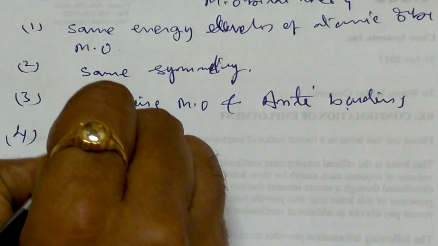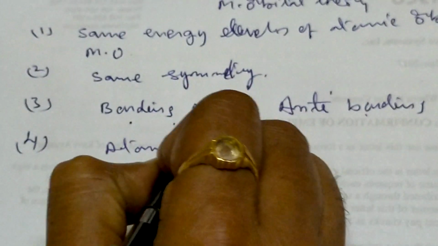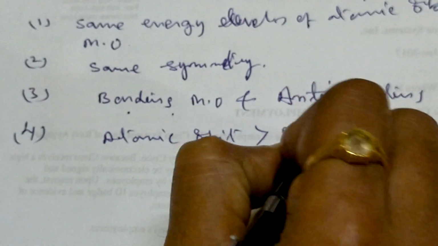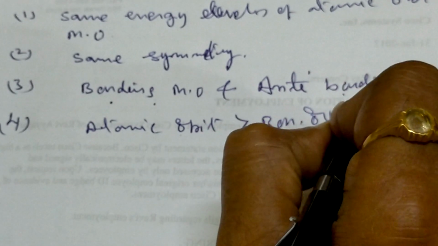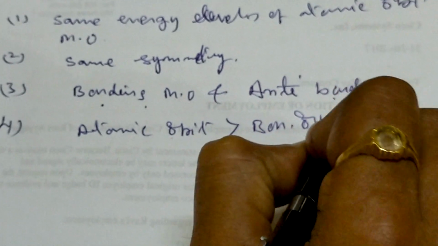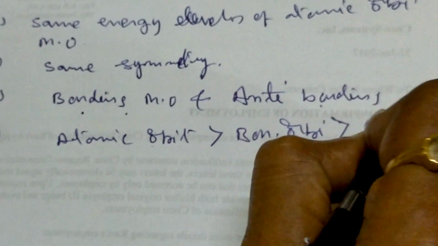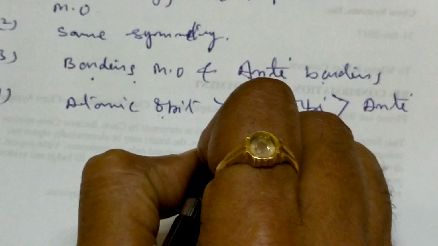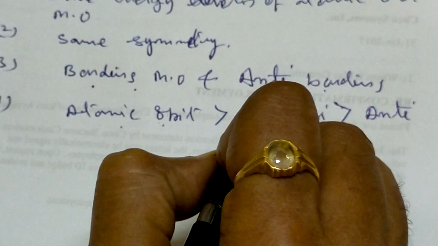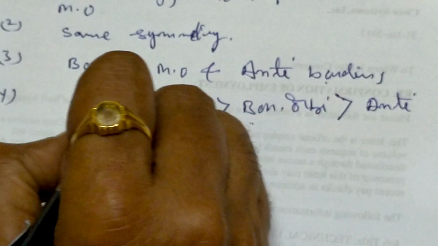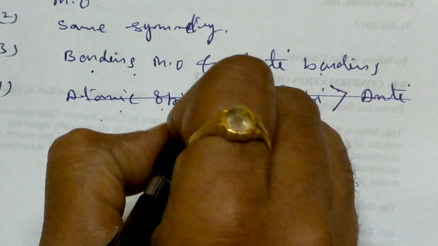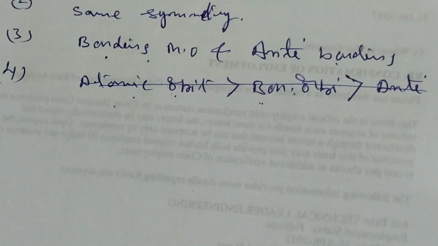Next, the atomic orbital energy is more compared to the bonding orbital. The anti-bonding orbital energy level is high. Sorry, let me correct this: the atomic orbital energy is more than the bonding orbital, and the bonding orbital energy is much less.